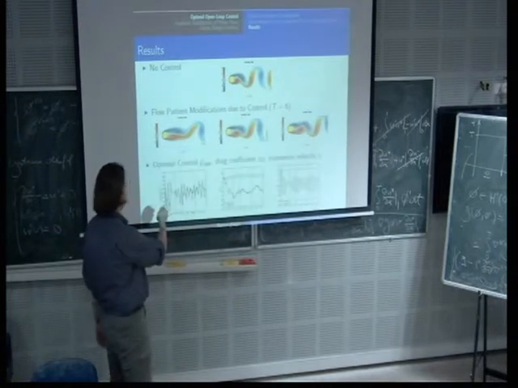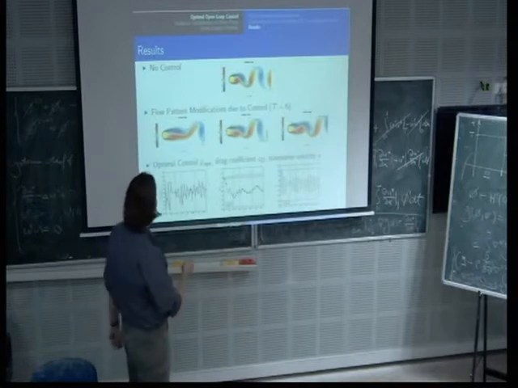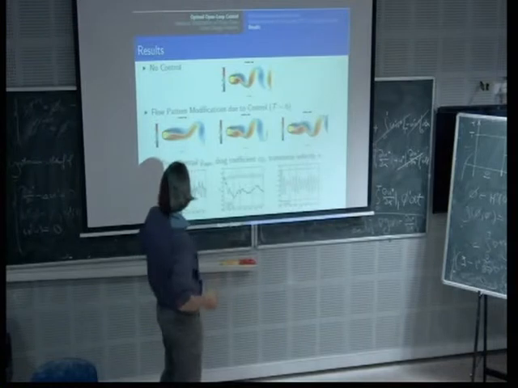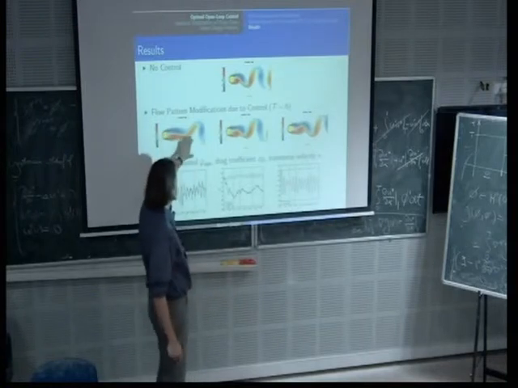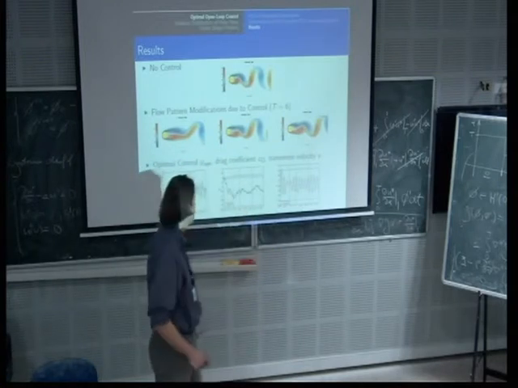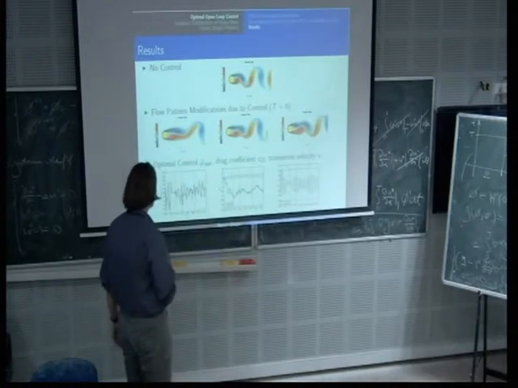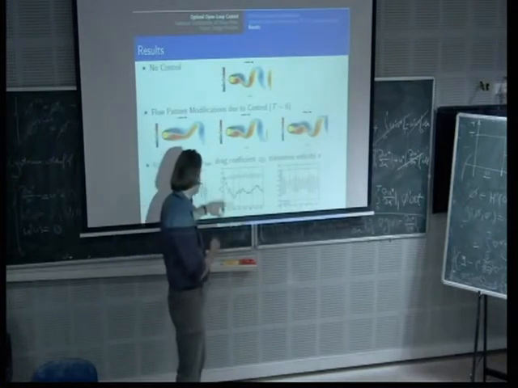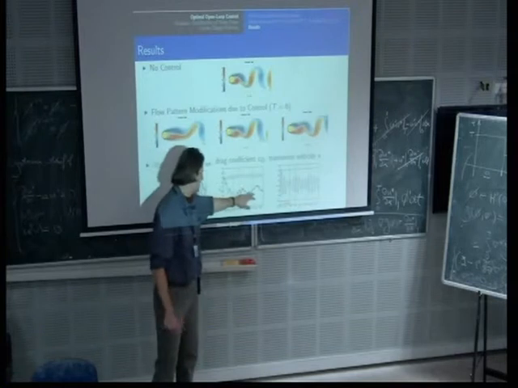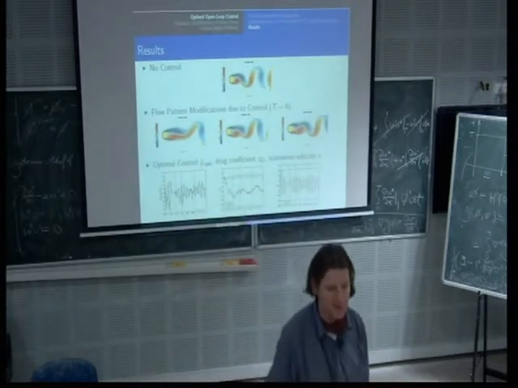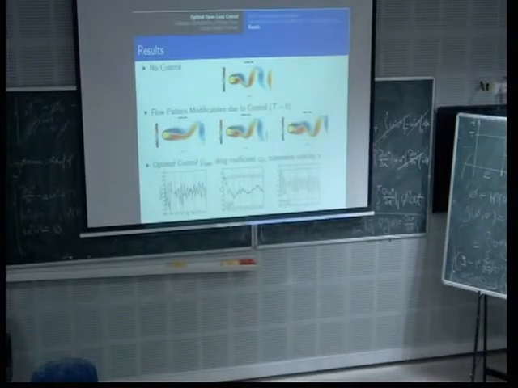And now this is what happens when you switch the control. And you see that as compared to the original flow, while we don't really manage to get rid of the vortex shedding, the flow does indeed become more symmetric. Okay, and this is, for example, what happens with the drag force. We see that we obtain almost 20% sustained drag reduction versus the case without the control.